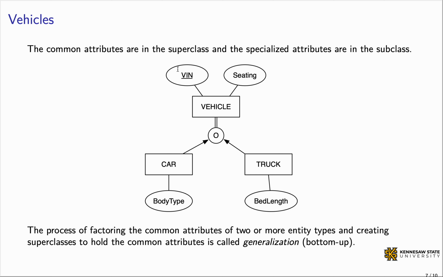And so they're overlapping subtypes, and we won't have anything that's just a vehicle because we have the double line coming down from the supertype, which means that every vehicle is either a car or a truck, or because they're overlapping, both, right? So you can have a body type and a bed length. All right. And so when we factor common attributes in order to create a superclass, we call that generalization, a bottom-up design approach.